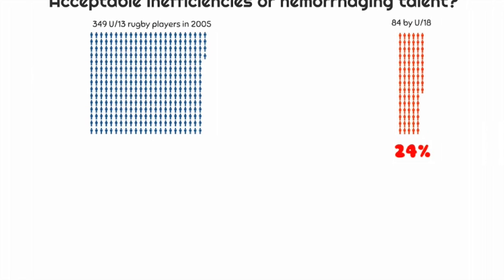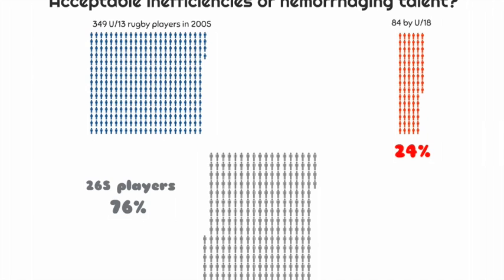And we know from research done by Justin Durant at the University of Cape Town that by under 18, which would be 5 years later, only 84 of those same players had emerged at the other end of the pipeline. So that's 1 in 4, roughly, 24%. What's interesting, then, is that 76% of those players have disappeared somewhere between 13 and 18 years old.